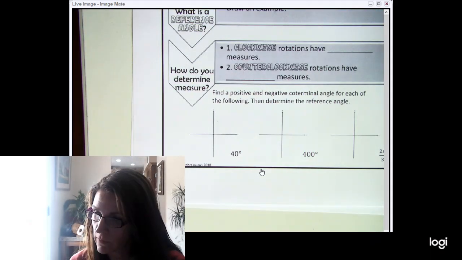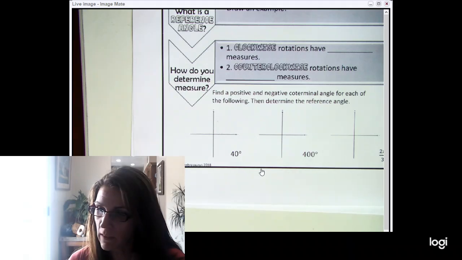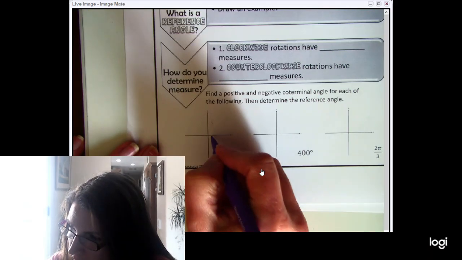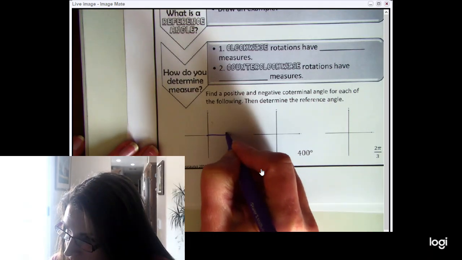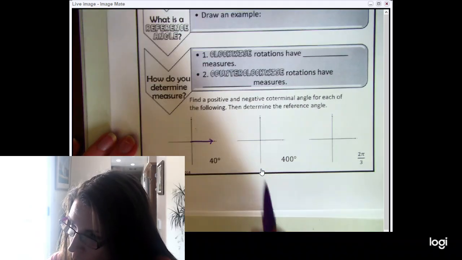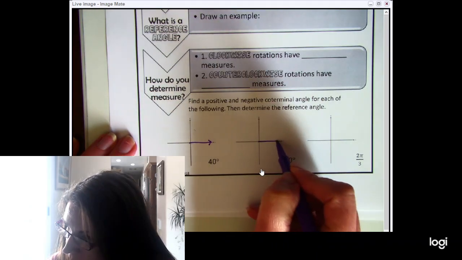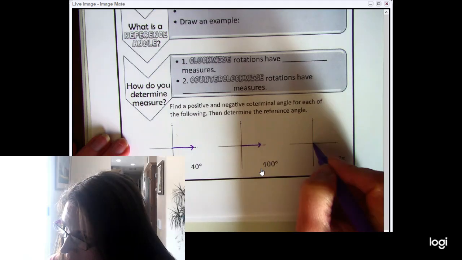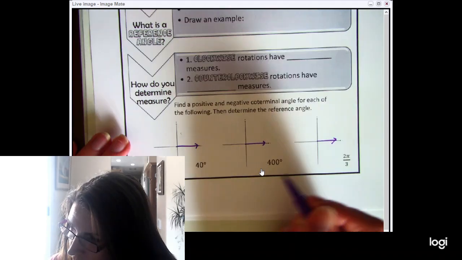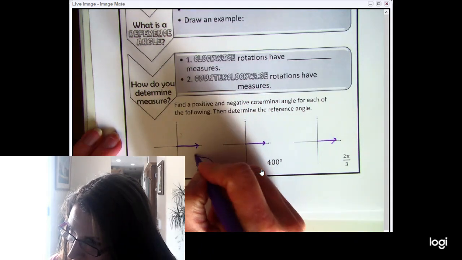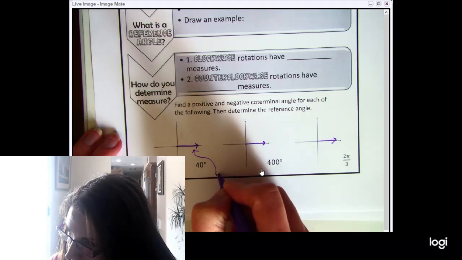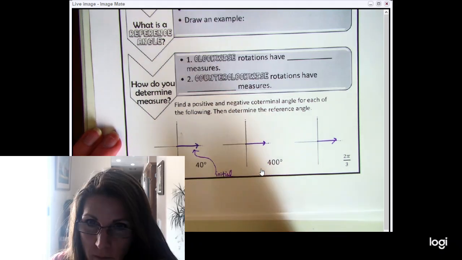Now, what you need to know is the initial vector is always right here on the x-axis in the positive direction. So I'm going to remind myself that that is the initial vector.